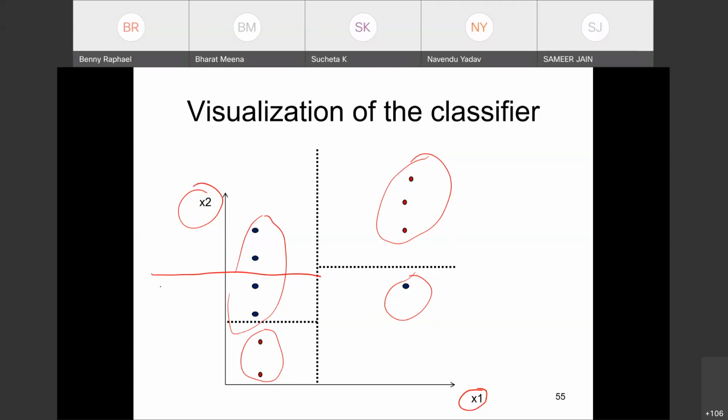Then you move the split to the next point, one point at a time, and see where you get the maximum improvement in your entropy. That you select as the best location to split the data. For a continuous variable, it is slightly more complex. In the case of a discrete variable, it's much more straightforward. But people use this type of heuristic to determine the optimal point where you can make the split to separate the data. Got it, sir.